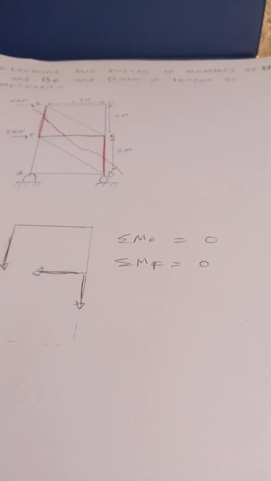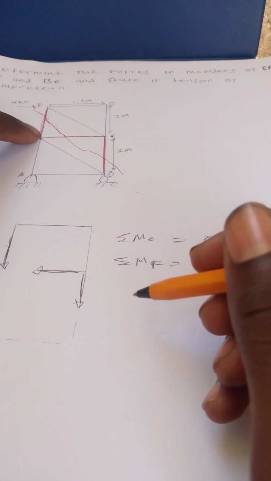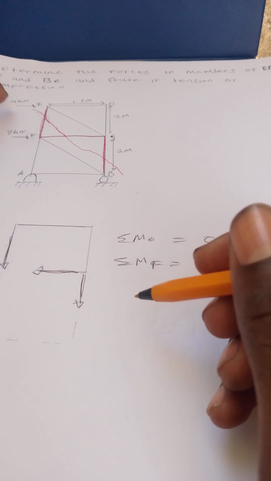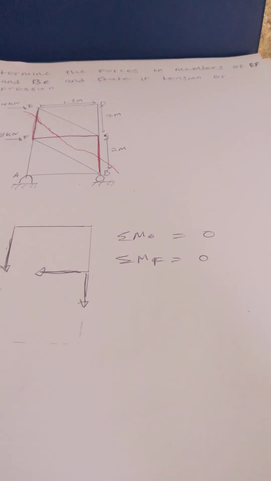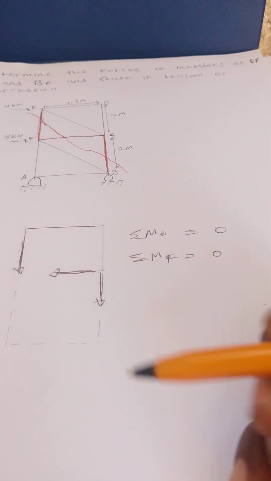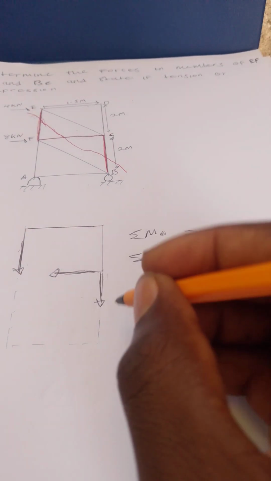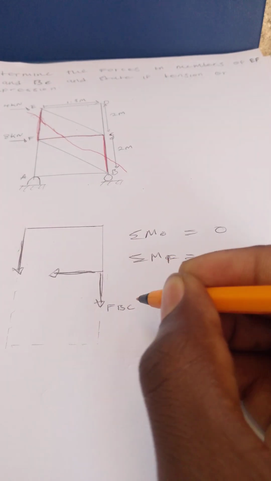If I do that, we are going to say our pivot is there. So we have that force. Before even proceeding, we are going to label our forces. For this one, we are going to label it as force BC.